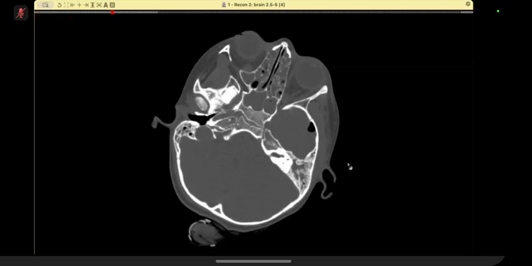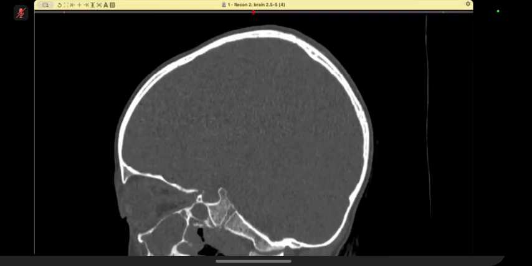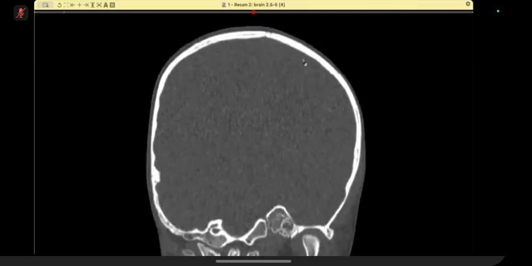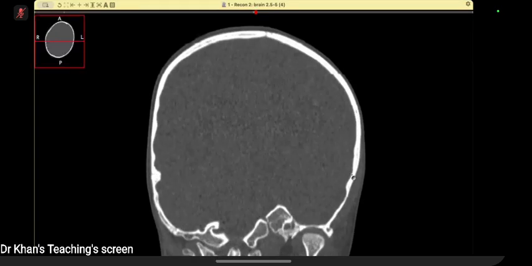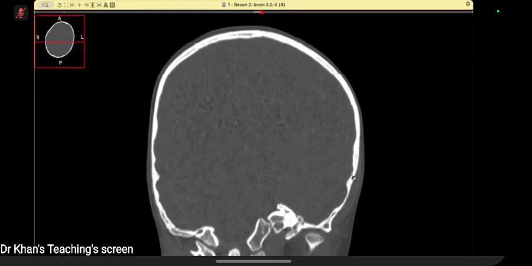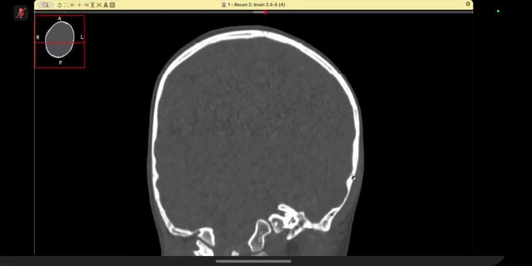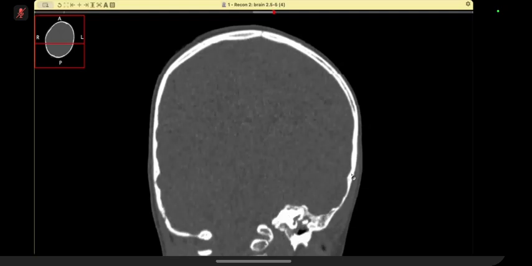I need to see coronal imaging to assess the tegmen tympani and the tegmen mastoideum, and if there is a contrast study, to assess the deep venous system and the sinus. Scrolling the coronal view, the temporomandibular joint is unremarkable. There is no dislocation or subluxation.